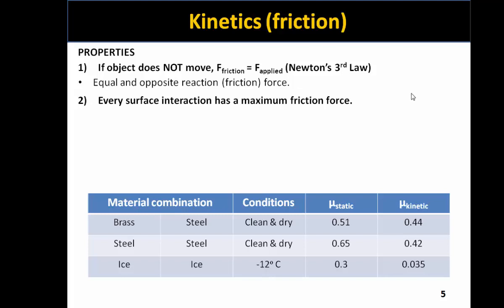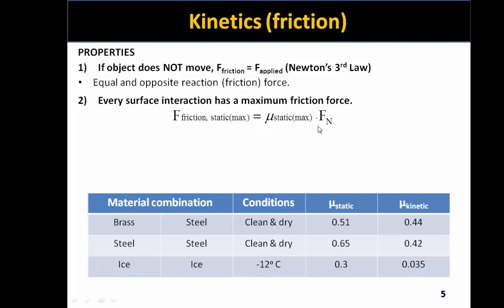The second property is that every surface interaction has a maximum friction force. So if you're attempting to slide an object that is sitting on some sort of surface, a table or the ground, the table will exert a force that is attempting to prevent the motion, but there is going to be a limit to that. And that's what's referred to as the maximum static friction force that a surface is capable of applying.